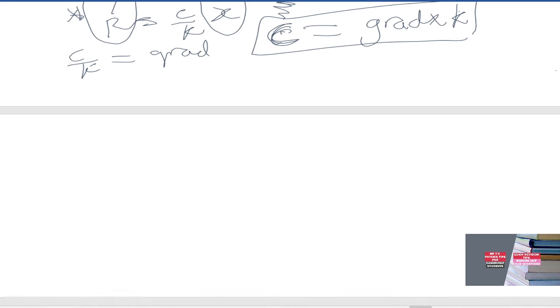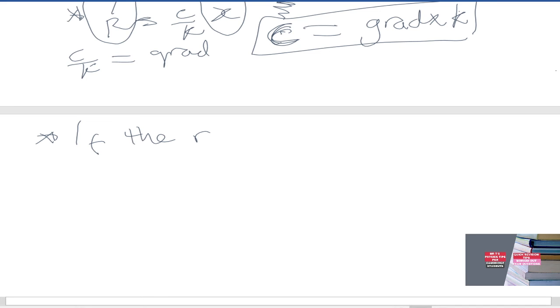So the second statement you need to say under this. Remember I said the first statement is plot a graph of R versus X. Okay. Then you say if the relationship is true, you really have to write this. It's very important.